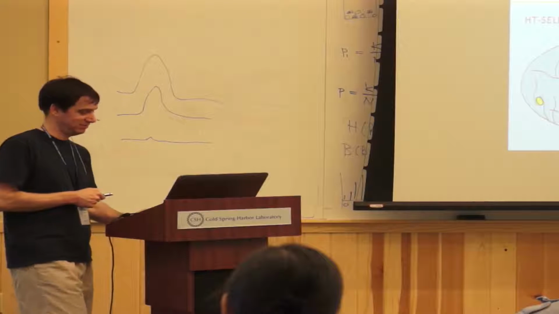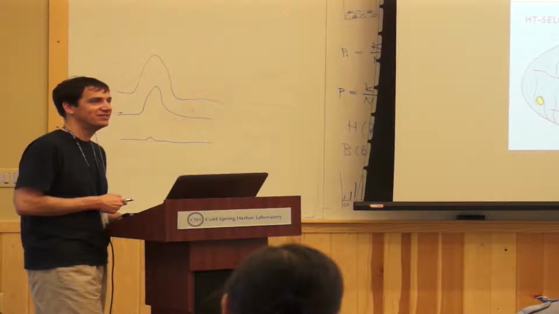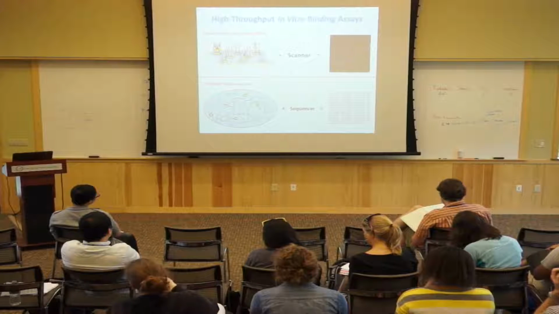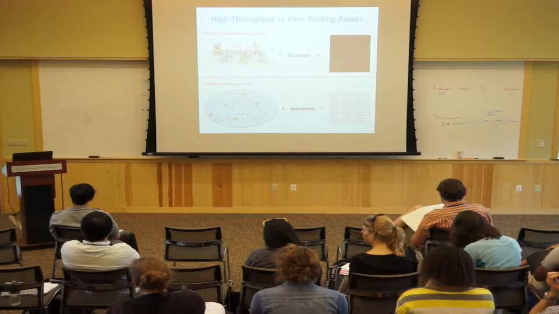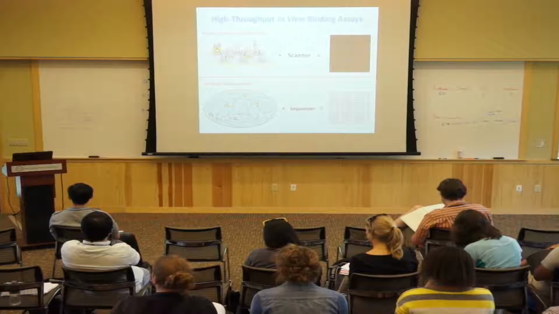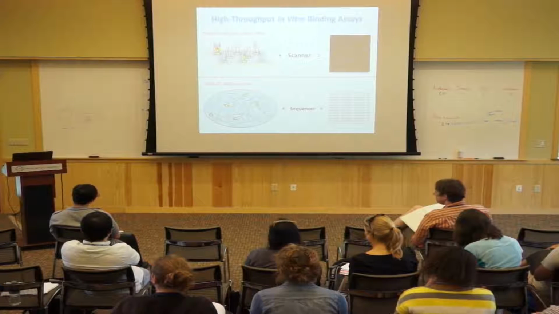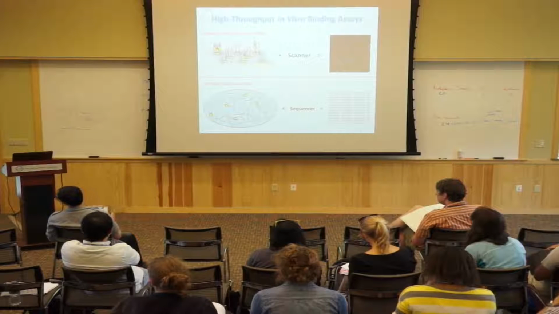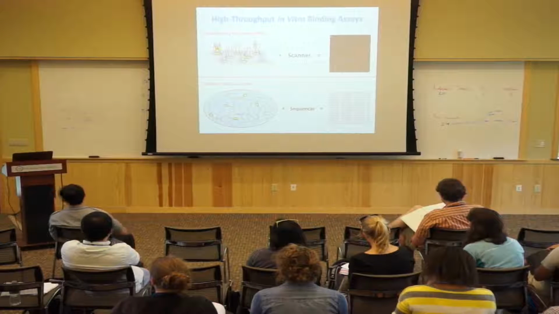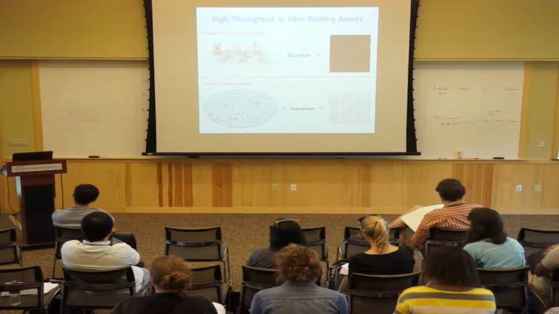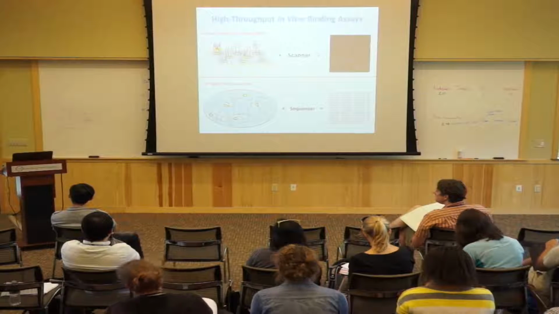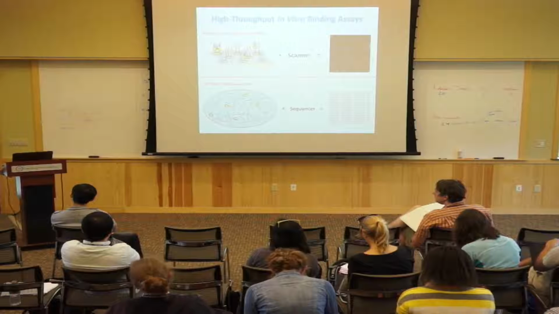Okay? Any questions? There are different methods to do this. The method we'll focus on is the Select-Seq method that we're going to use in the lab. We use an EMSA gel shift. The reason the EMSA gel shift is advantageous is because we're actually looking at protein complexes, right?